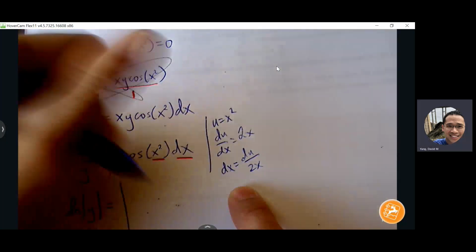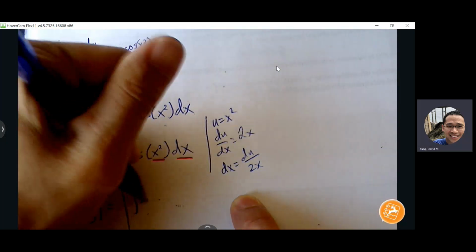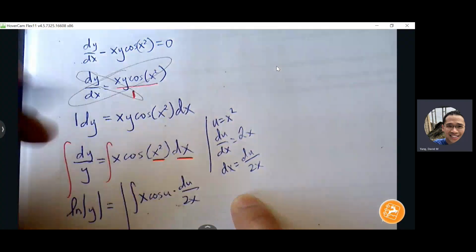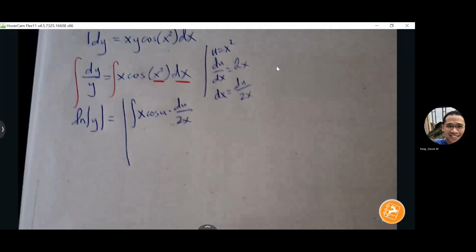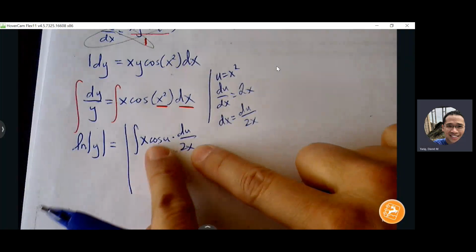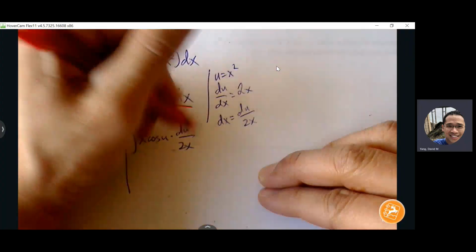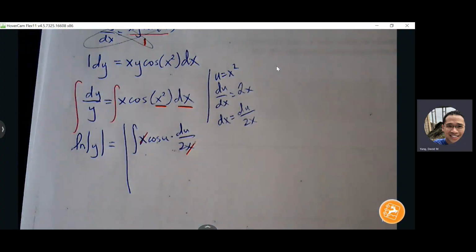Not ready for the antiderivative rule yet. I still want to do some cleanup here. So x cosine of u times du over 2x. What happens here? X just goes away. What comes out in front? 1/2.